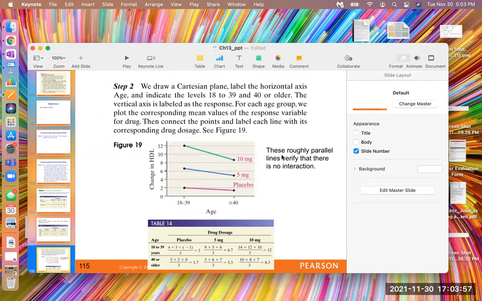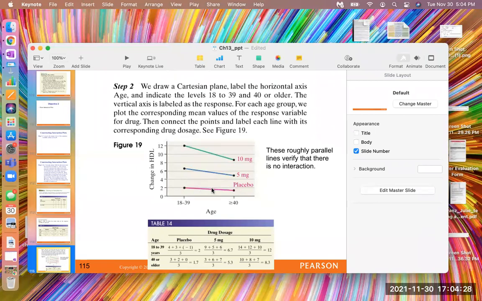And what I notice is as I go from 18 years to 40 years old, that is, as I see a change in factor A, the response goes slightly down when I go from low to high, right?